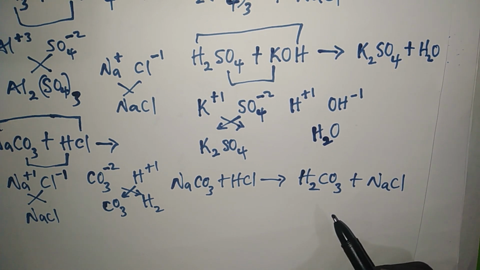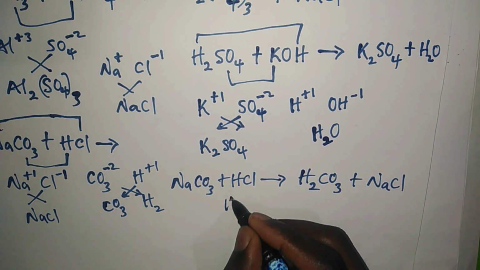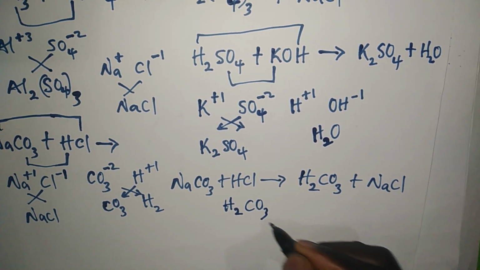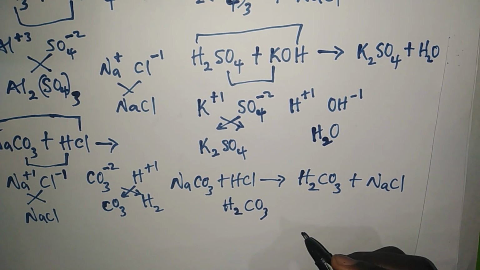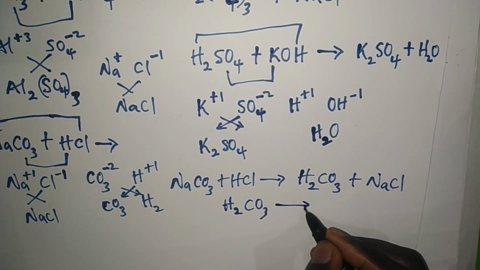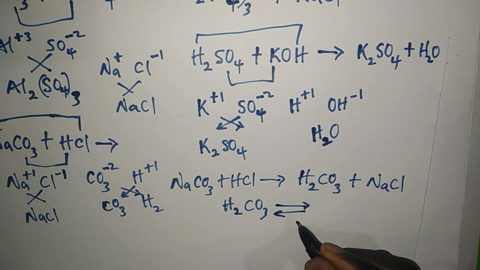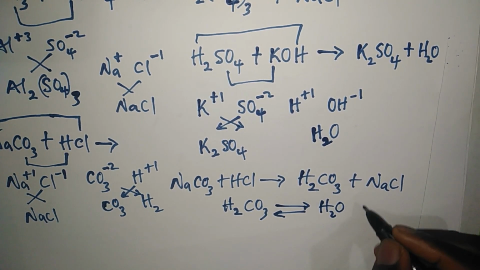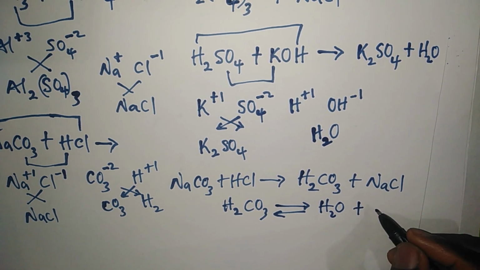This carbonic acid usually doesn't stay like this unless it's under very high pressure. Carbonic acid, which is H2CO3. Because if it's not under high pressure, it will decompose back into H2O and what? CO2.